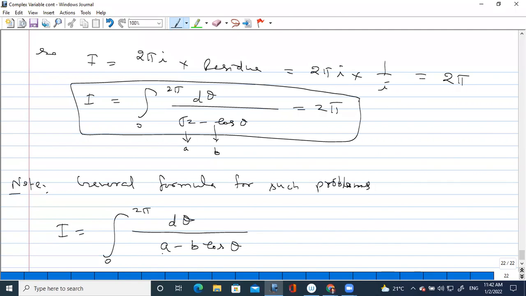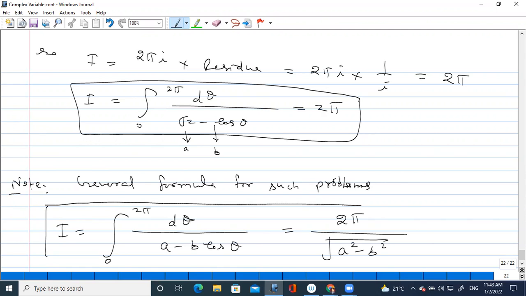So here whatever is there, that is considered as a, minus sign is there, then coefficient of cos theta is b. Okay, if such type of problem comes, directly you can use 2 pi by under root a square minus b square. So this is the direct formula to find out the answer. Okay, so this you have to remember.